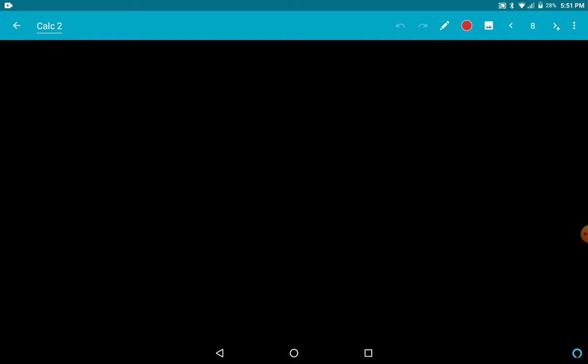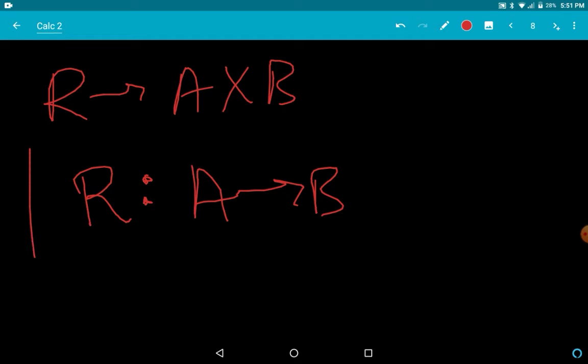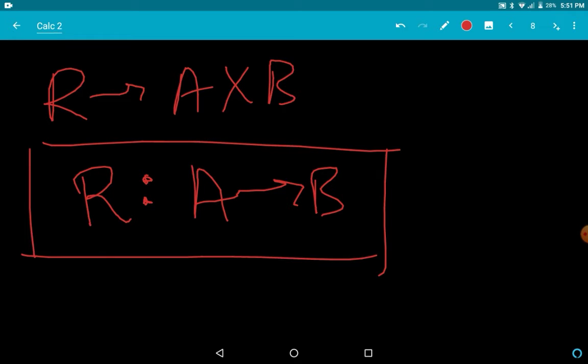Now this R is nothing but a subset of A cross B. We don't write it like this, we say R from A to B. This is the correct representation of a relation, not relationship, okay.